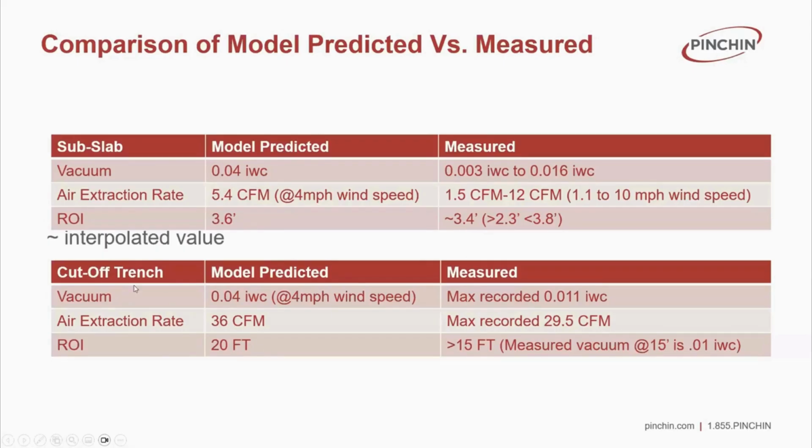For the cutoff trench, the model predicted 0.04 inches of vacuum, and the maximum recorded was 0.01 inches of water column. For air extraction rate, the model predicted 36 and the maximum recorded was 29. For ROI, the model predicted 20 feet, and we got more than 15 feet. That's pretty good agreement with the model predictions.